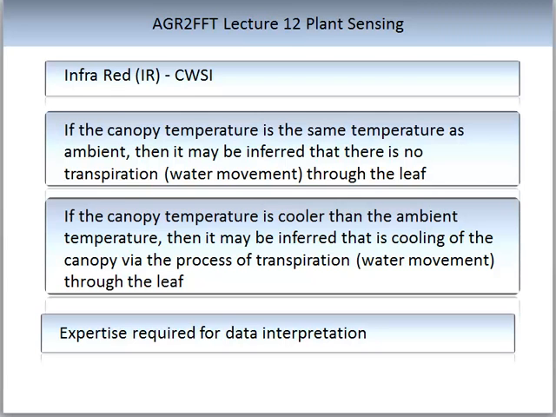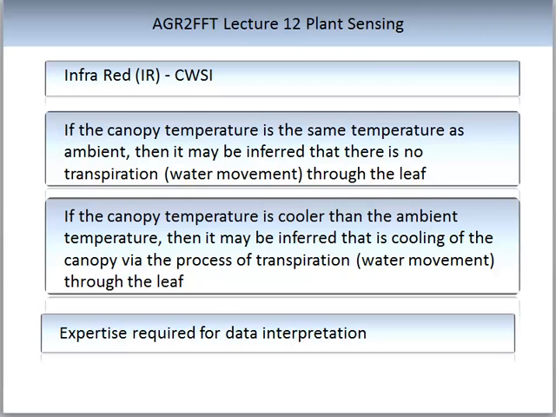If the canopy temperature is the same as the ambient, then it may be inferred that there is no transpiration, the process of water movement through the plant. If, however, the canopy temperature is significantly cooler than the ambient, then it may be inferred that there is some kind of cooling mechanism occurring. And in plants, this is the process of transpiration, or water loss or movement through the leaf.